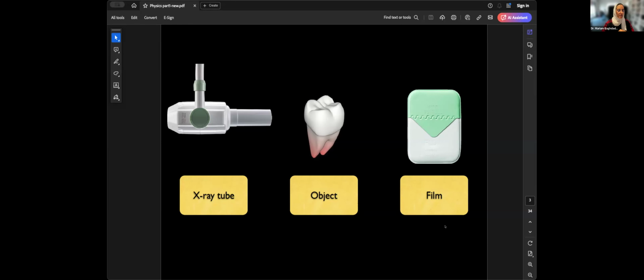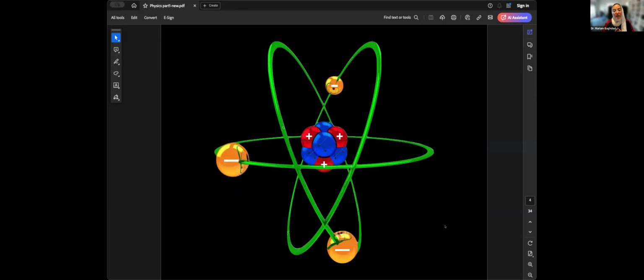So when we talk about X-rays and ionizing radiation, we want to start from the very, very beginning. We're going to go back to first year, back to high school, and remember that this all starts within the atom. The atom is made of a nucleus and an electron cloud that circulates around this nucleus.